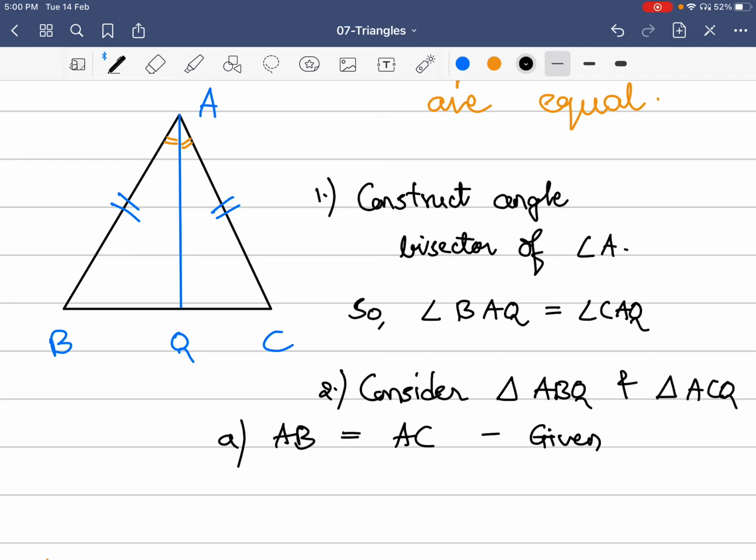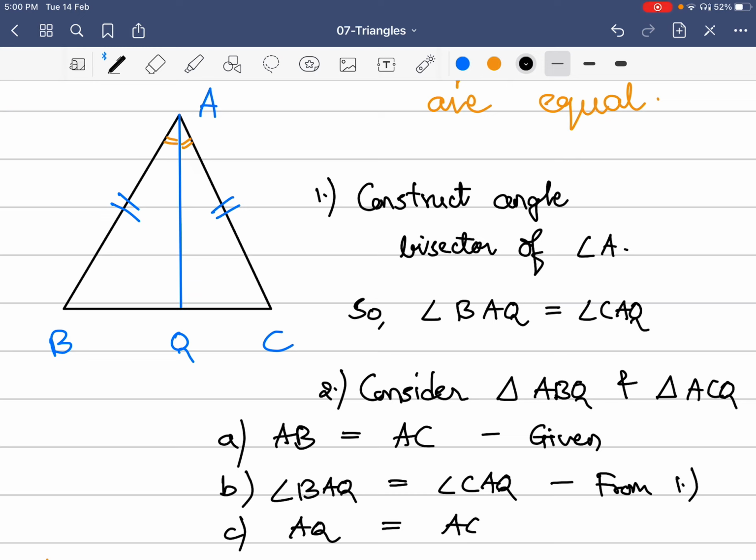It's an isosceles triangle, so side AB is equal to side AC. The second point is angle BAQ is equal to angle CAQ. Why? This is from statement number 1, because we constructed the angle bisector. The third point is side AQ is equal to side AQ, because it's the same side for both triangles. So thus, now I'm going to move it here.